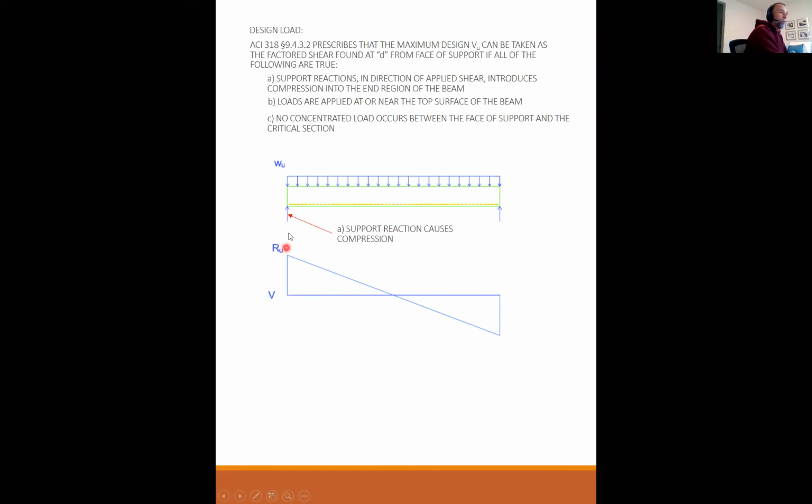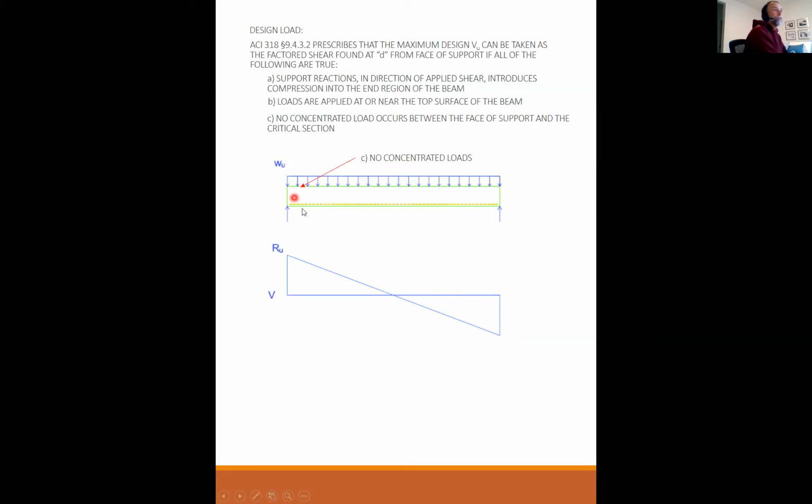The support is pushing up at the bottom, the load is pushing down from the top, so I have compression from the top to the bottom. That's A and B. Loads are applied at the top of the beam, and I have no concentrated loads here at the very end of the beam. Those are my constraints.